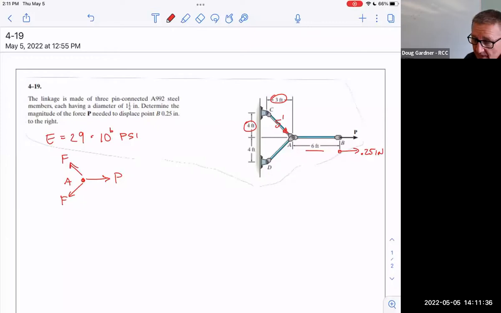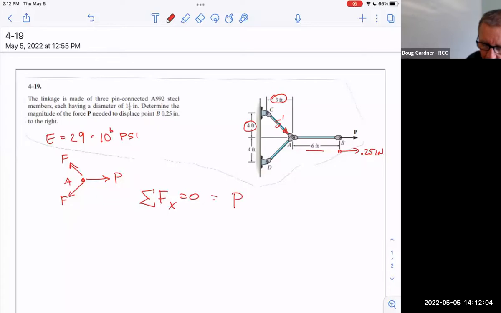And so again, for any of the stretching to happen, does it make sense the sum of the forces at that spot has to be 0? Can you tell that the sum of the forces in Y is automatically going to be 0 here without having to do the calculation? P doesn't do anything to it, but the other two are pulling exactly up and down at exactly the same size because they're both 3, 4, 5. So I don't really need that. What I really need is the sum of the forces in X to be 0. Well, what do I have?